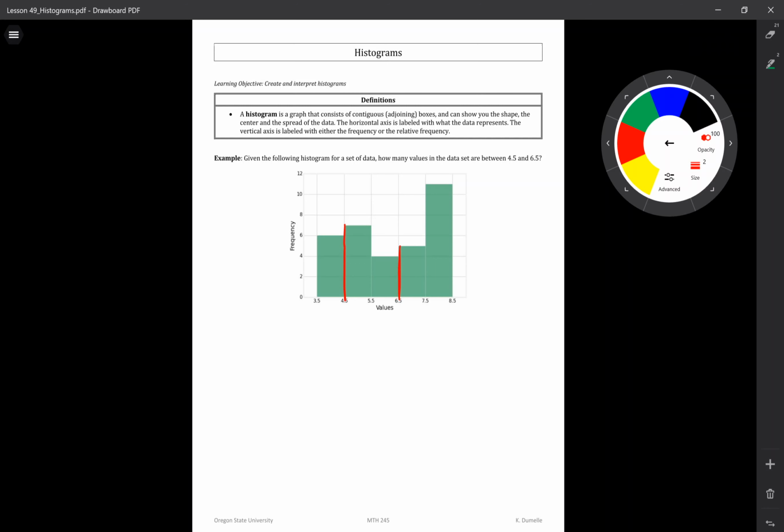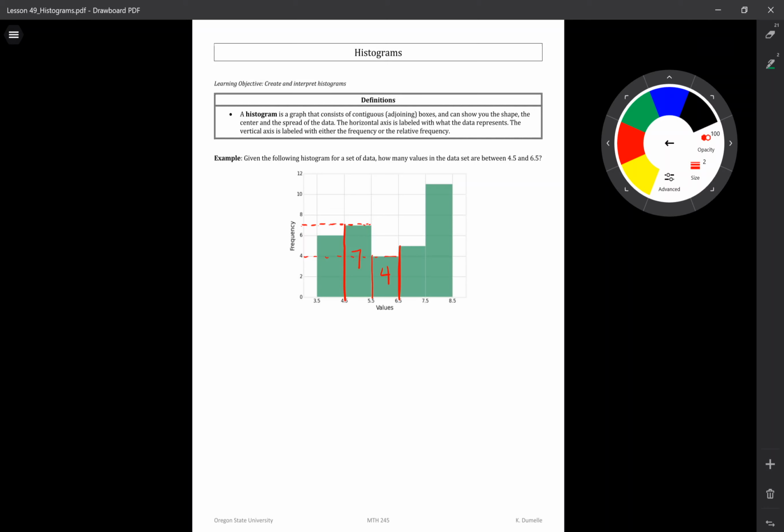So I see that between 4.5 and 5.5, the height of this box tells me how many times these values occur. So I see that the data in this box occurs 7 times. I see that the data in the next box between 5.5 and 6.5 occurs 4 times.